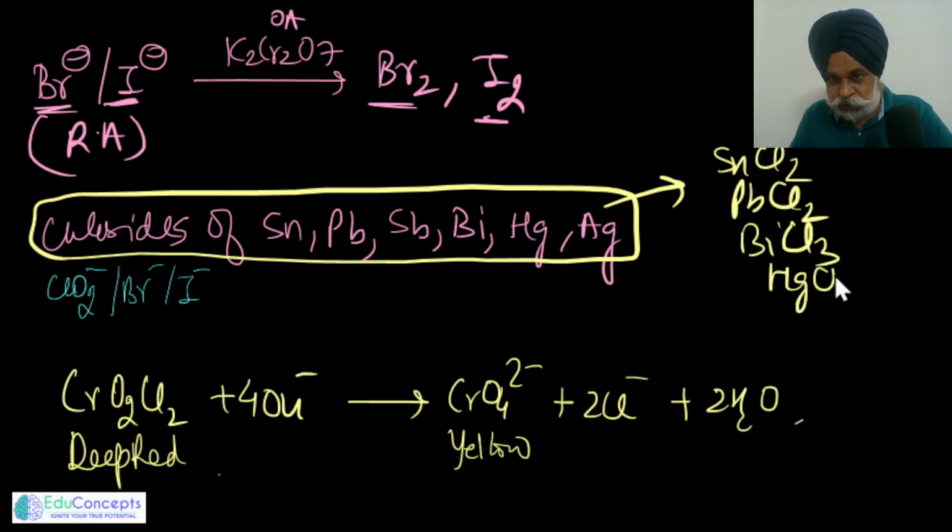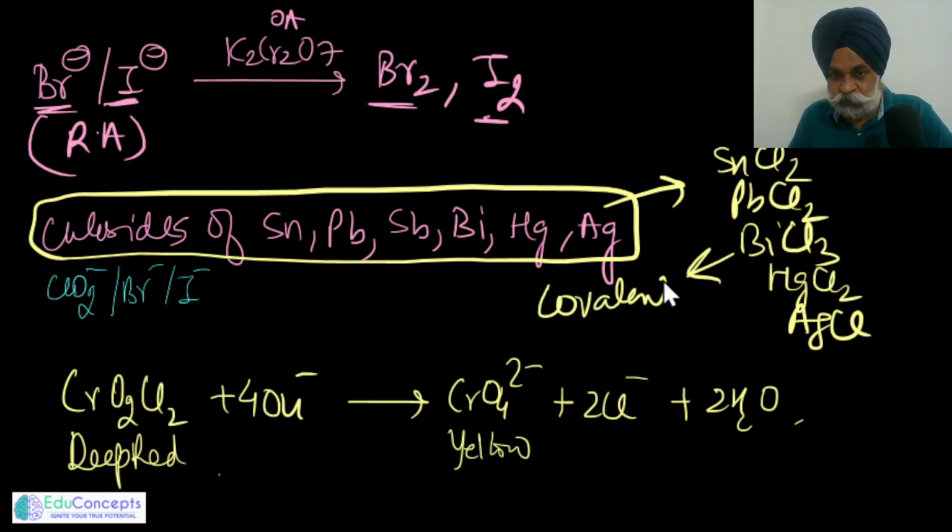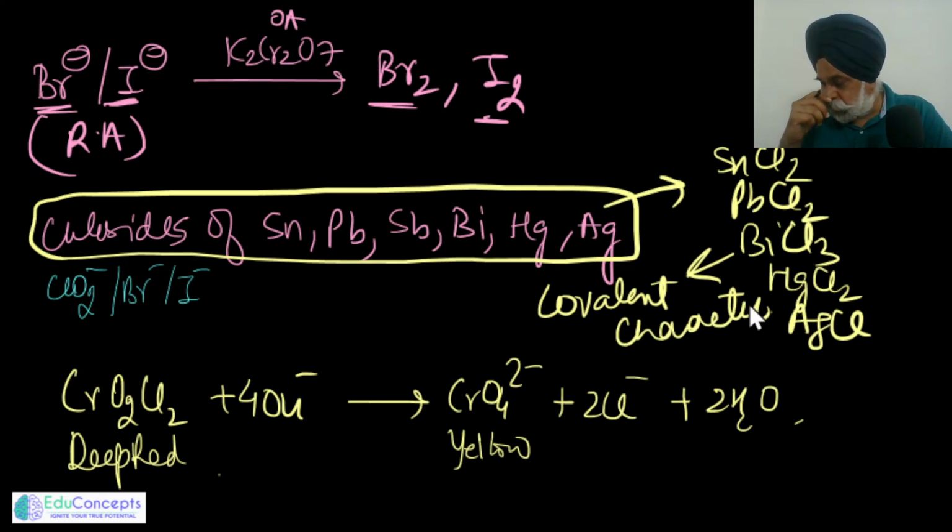These would not give it, because they have a predominantly covalent character, so it would not give you this particular test. That is what you call the chromyl chloride test.